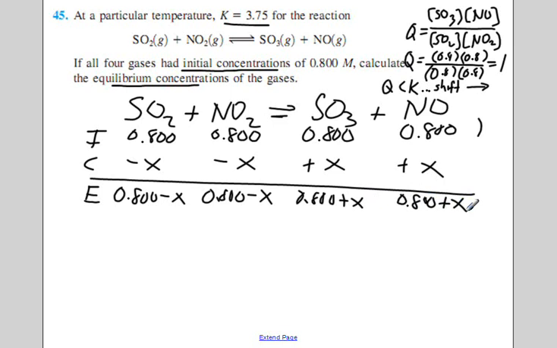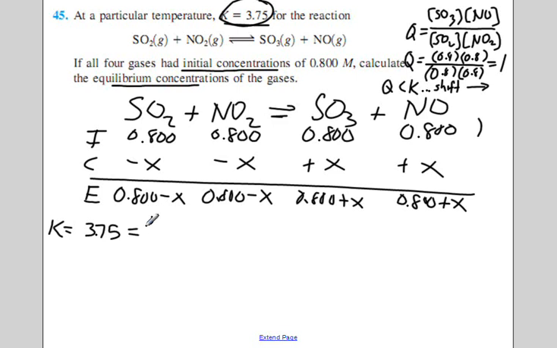And at this point, I hope you're almost by reflex going ahead and setting up the equilibrium expression with K, right? So K is equal to 3.75 is equal to, I've already written out my expression for Q earlier, so I'm not going to write it again. I'm just going to substitute these things.